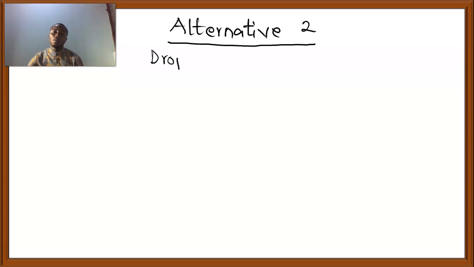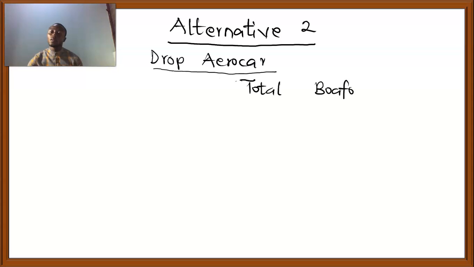So drop EROCA. Now we only have Boafo and Nantier. We have Boafo here and Nantier.